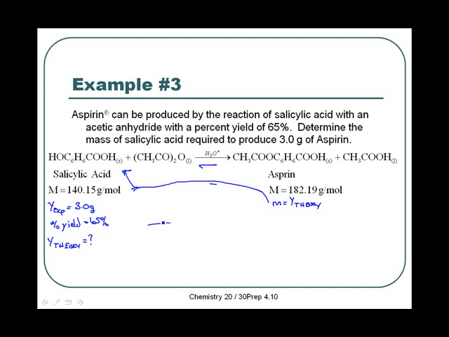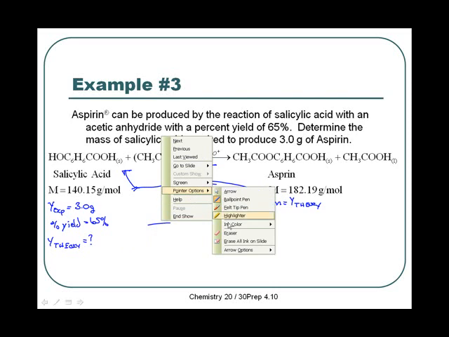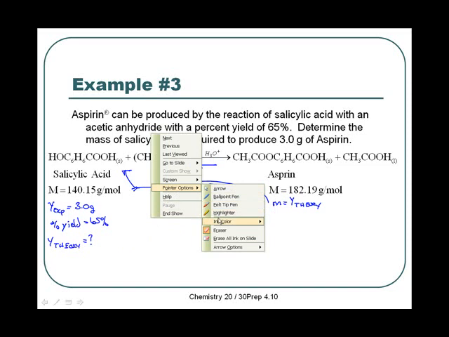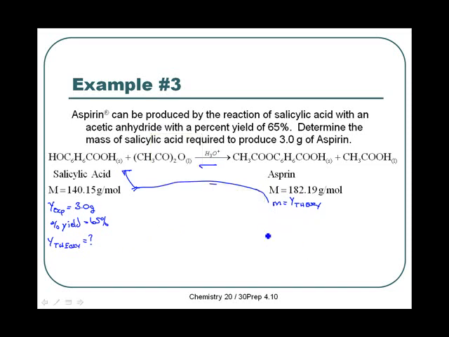On this page, I'm going to erase that line because it's bothering me. Okay, so we're going to use our percent yield formula to find what we should predict the mass of aspirin to be.